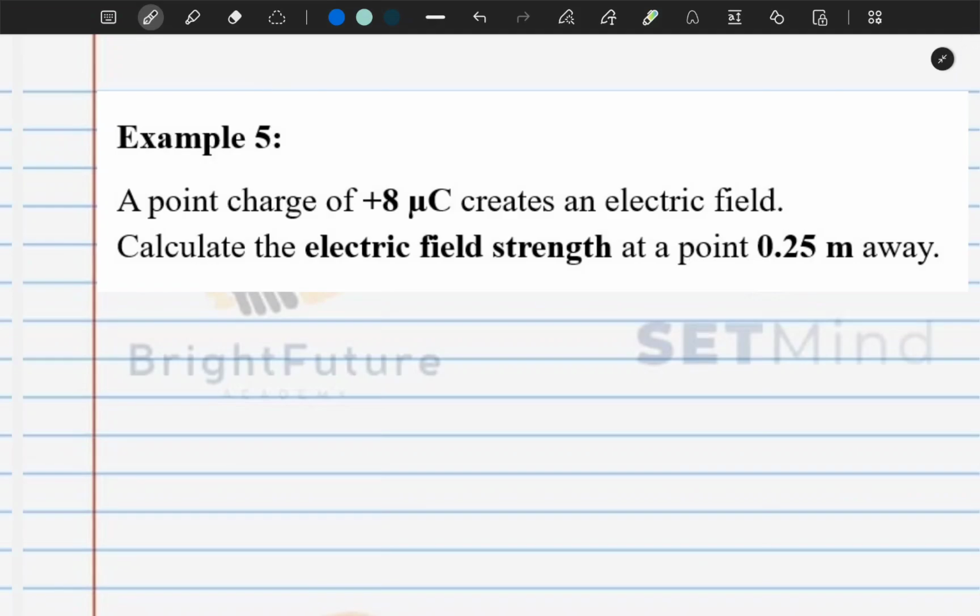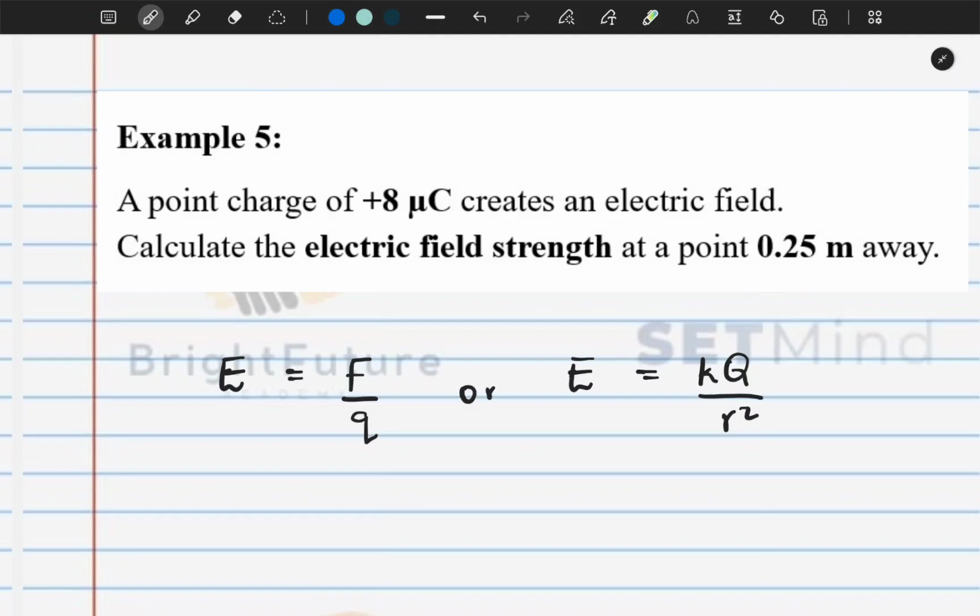Right, so in most cases, the formulas for finding electric field are E is F over Q, or E is KQ over R squared. So depending on the information that you have, you would often know which formula to use, right?